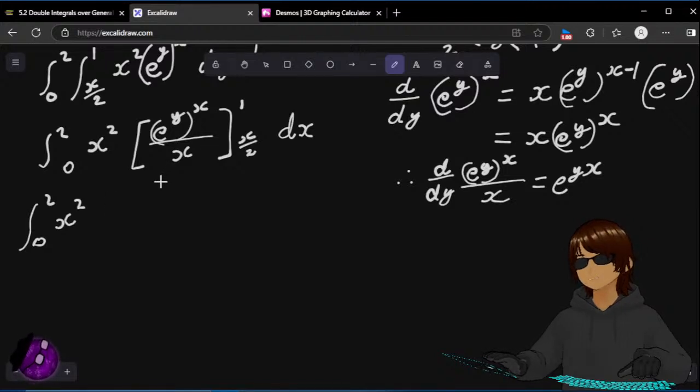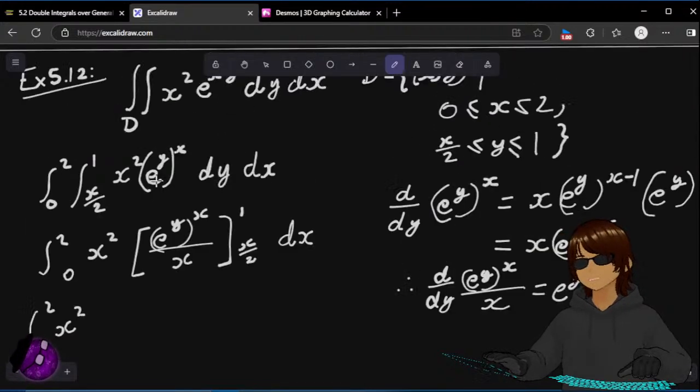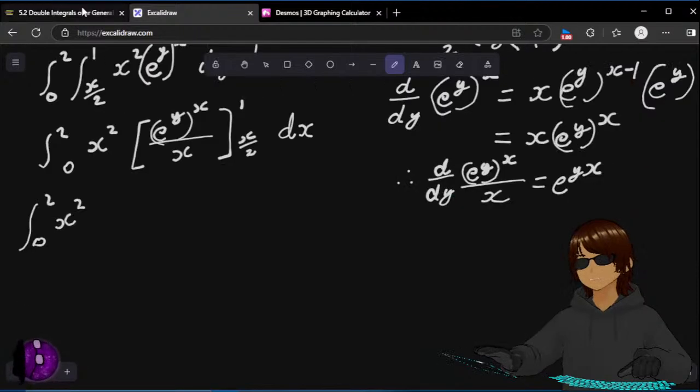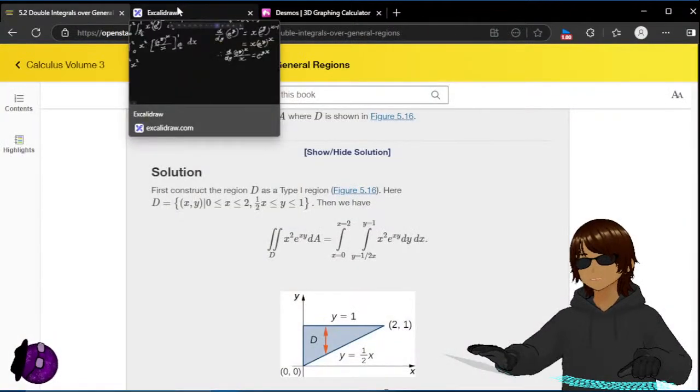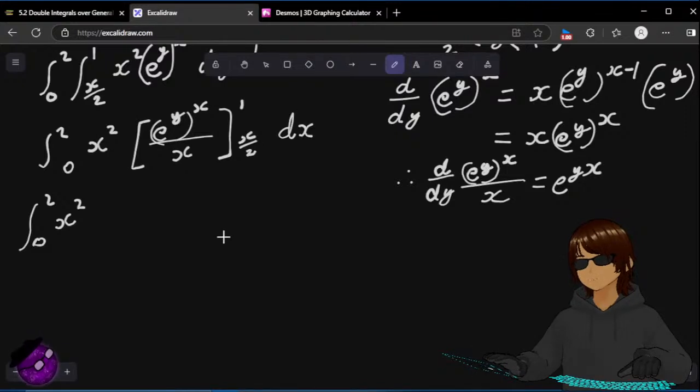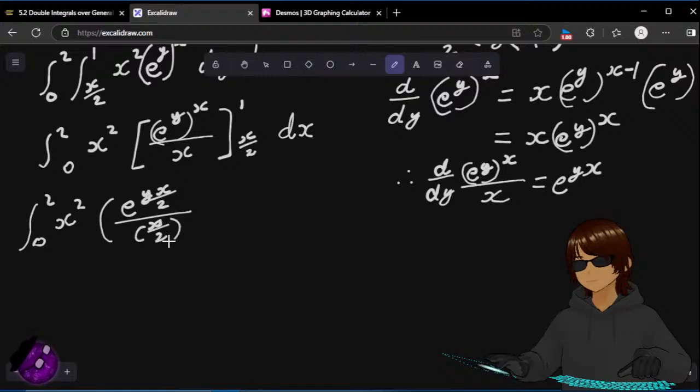So x over 2 is the lower one. You place x over 2 here. And then minus it with e to the power of y.